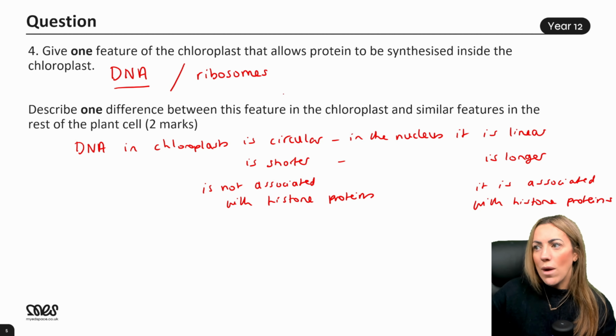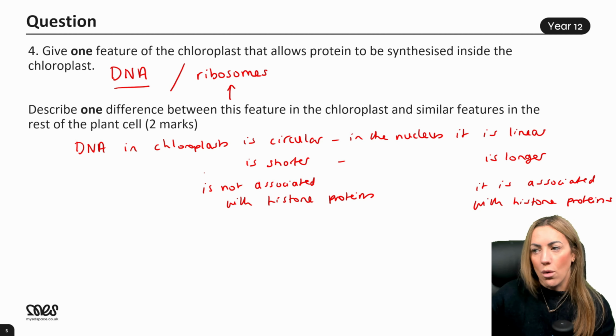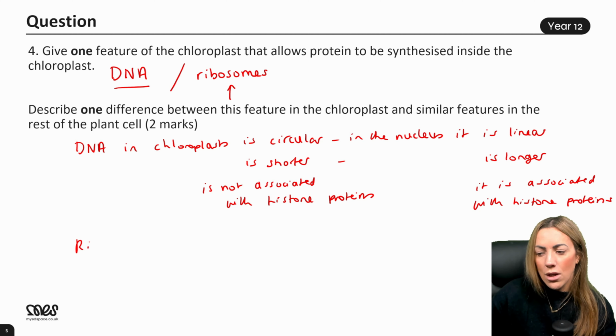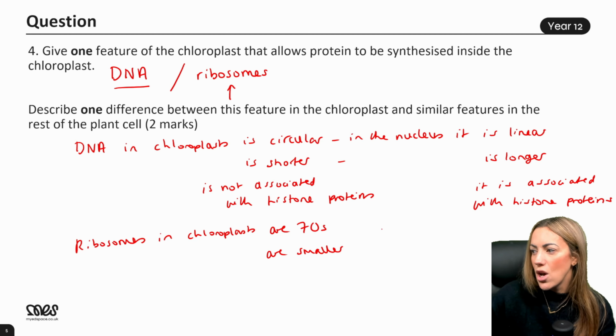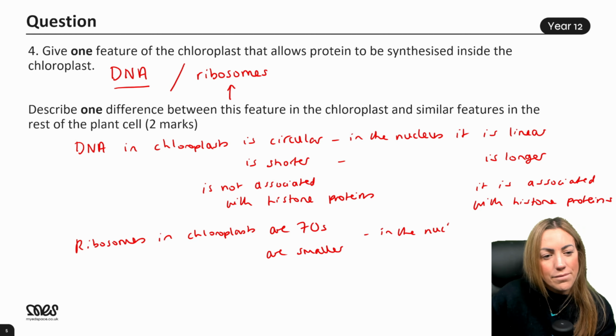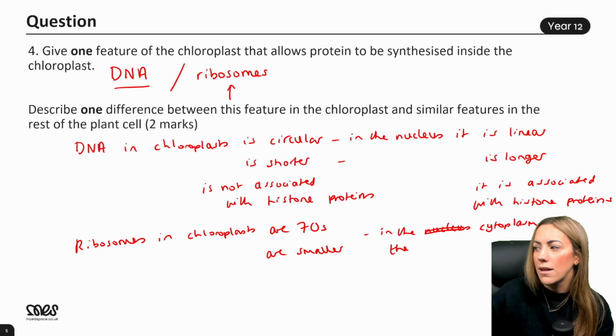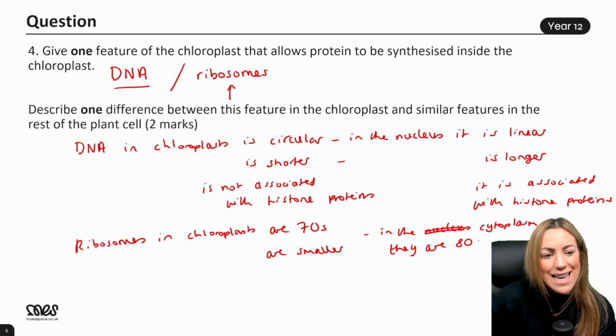If you went for ribosomes in part 1 of the question, then for part 2, we would say ribosomes in chloroplasts are 70S, or you could say they are smaller if you can't remember 70S, whereas in the cytoplasm or on the rough ER, because you also get ribosomes on the rough ER, they are 80S or they are larger.